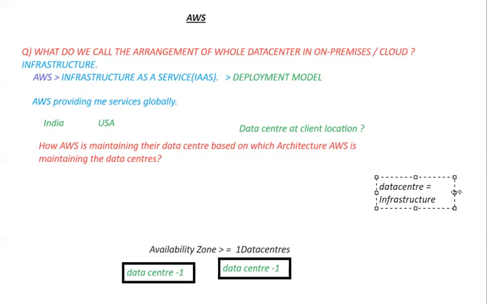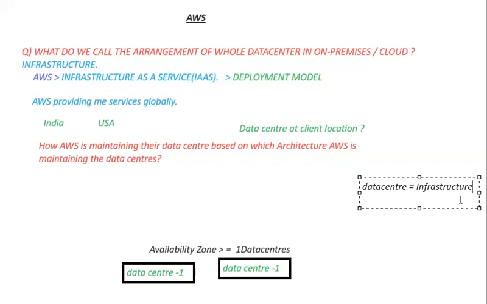So my infrastructure, can I call it a data center? Yeah, okay. Now, let's say in a single availability zone, more than one infrastructure, more than one data center, is present. AWS is maintaining more than one data center in a single availability zone.